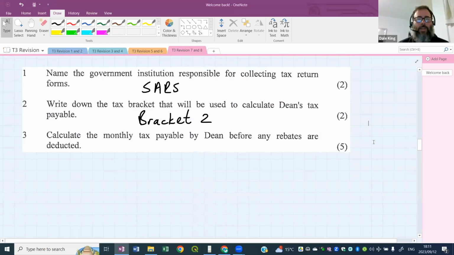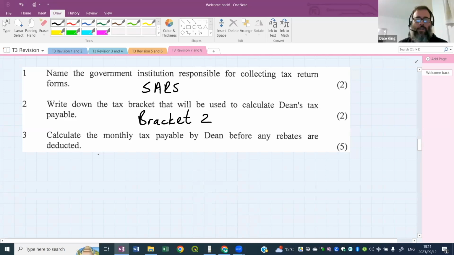Ben, the question was, what is a rebate, a tax rebate? A threshold whereby it shows your ages, and according to your age, it gives you money. Yes. So SARS wants to give you some money back, depending on your age.